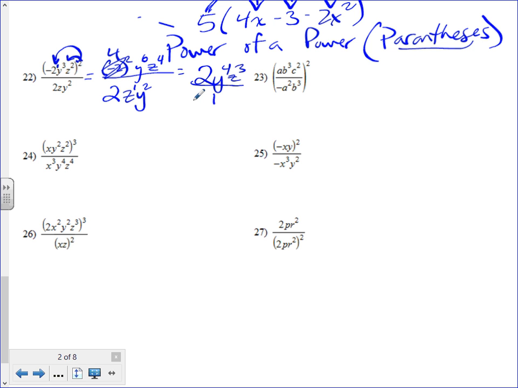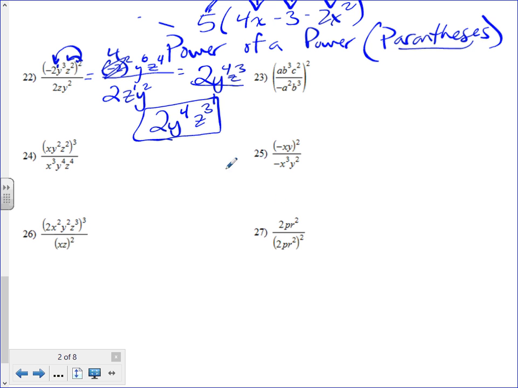So if you divide anything by 1, guess what you're going to get? C to the 5 million divided by 1 would just be 5 million. 17 divided by 1 would just be 17. So 2y to the 4th z cubed divided by 1 is 2y to the 4th z cubed.